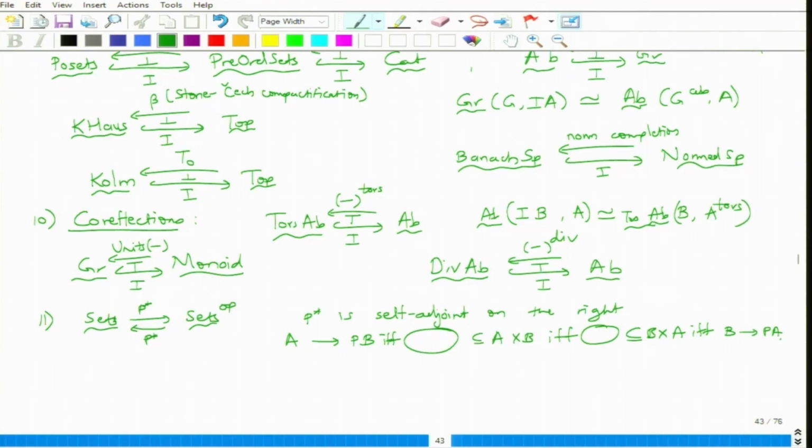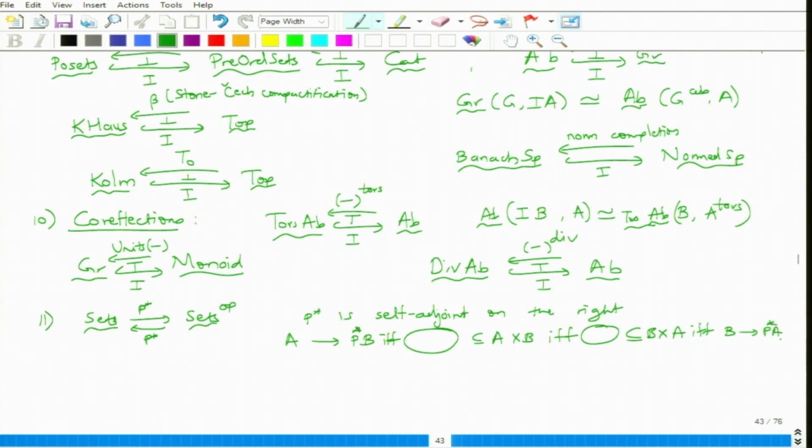So when I'm saying P, I mean P star, because it's contravariant. So it's self-adjoint on the right.